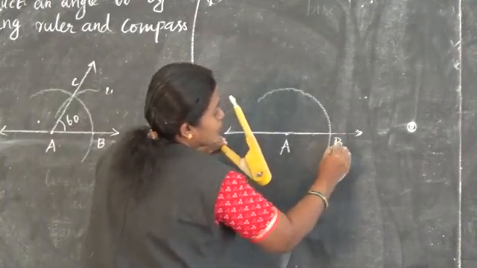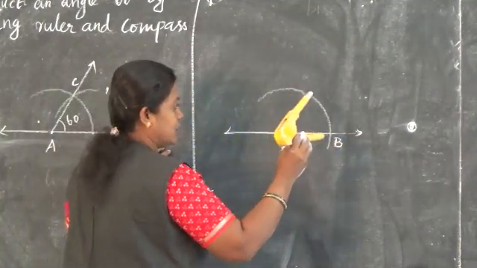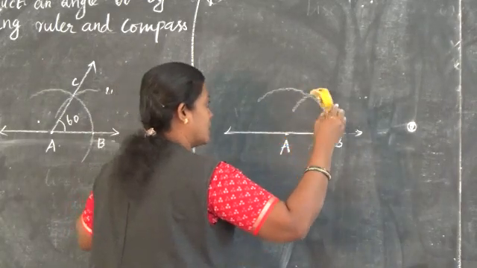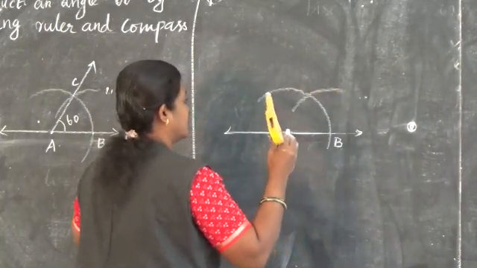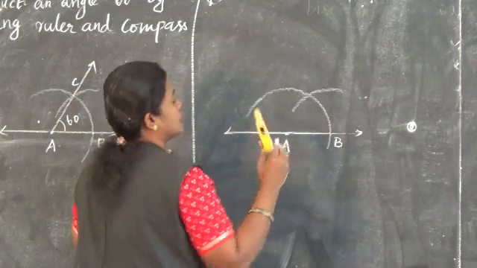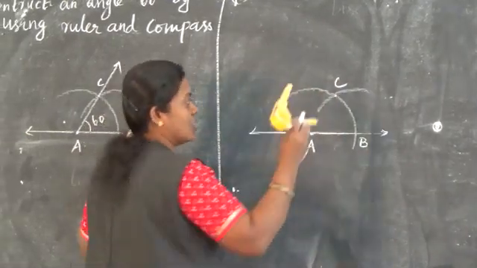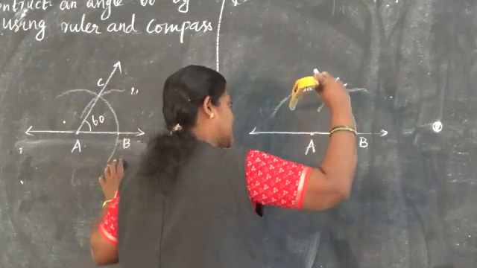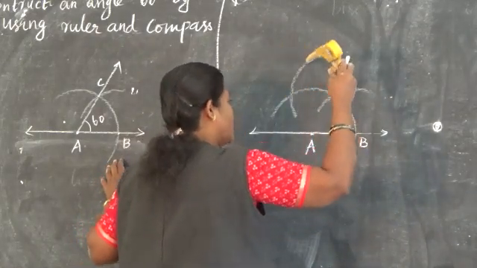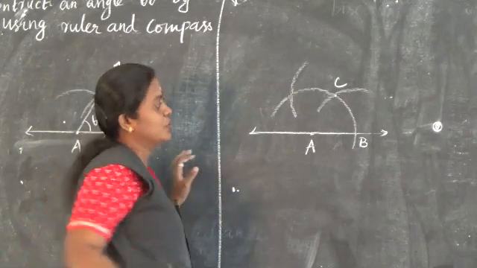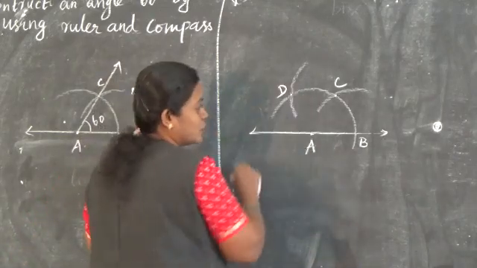Now with B as a center, draw the arc. Mark it as C. Now with C as a center, the same radius, draw one more arc. Now it is 120 degrees.